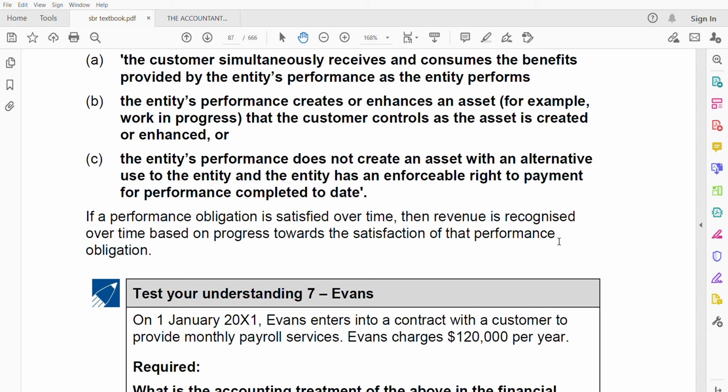So like that, the total amount which is given to you is spread over the 5 years. However much you have completed, only based on that percentage you will recognize your revenue over that period. So based on progress towards the satisfaction, that means how much you have satisfied that performance obligation. You have made the building 10%, 20% of it, so 10% of it will be recorded as revenue in the first year, like that.